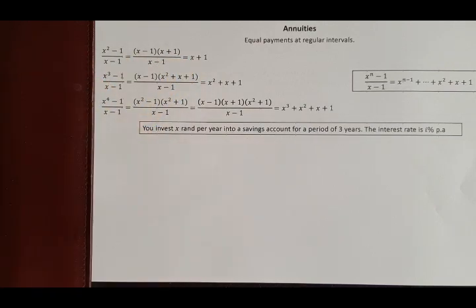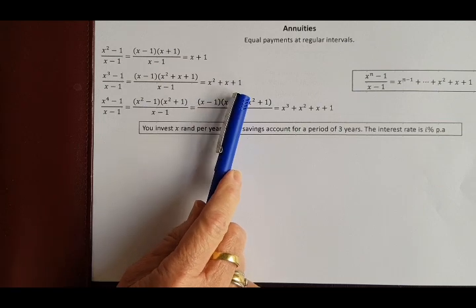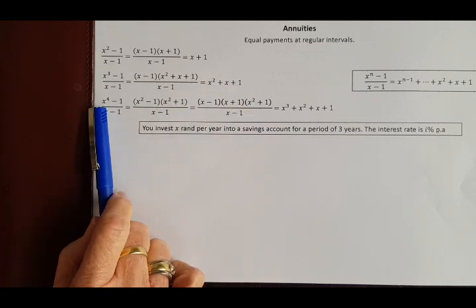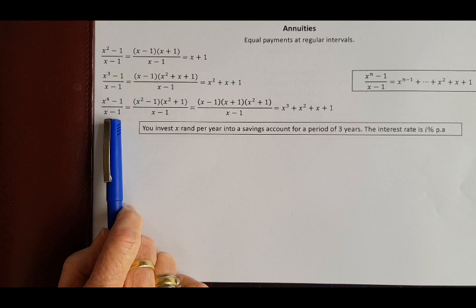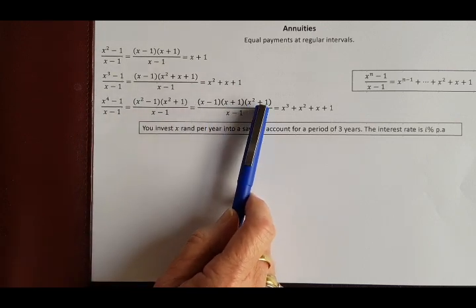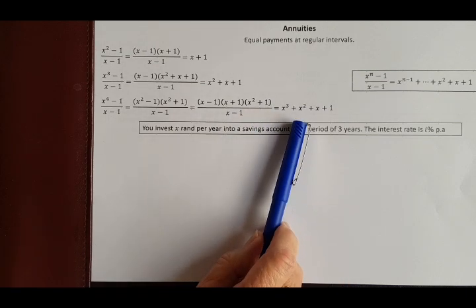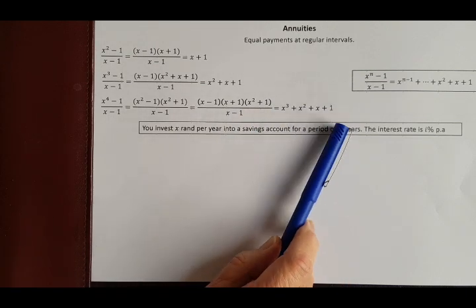If you take x cubed minus 1 divided by x minus 1, again, factorize, cancel, and your answer becomes x squared plus x plus 1. If you take x to the power of 4 minus 1 over x minus 1, factorize, cancel, multiply out those brackets, you get x cubed plus x squared plus x plus 1.